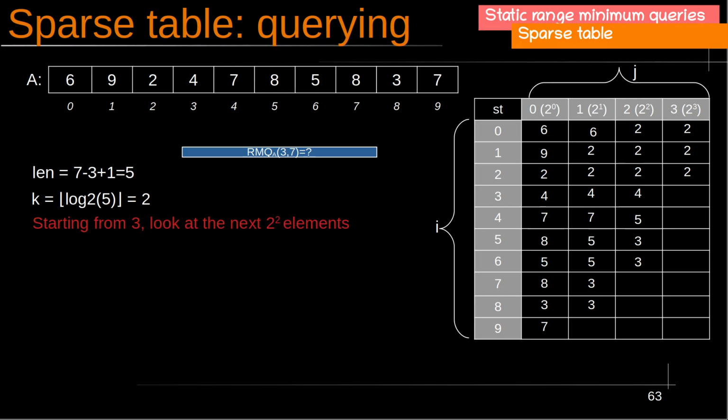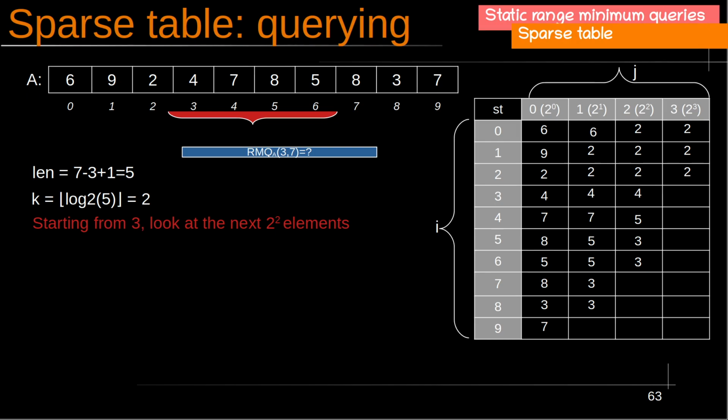So starting from 3, we're going to take 2 power 2 elements, which is 4. So from 3 to 6. What about the rest now? We're going to look for another range of 2 power 2 elements that ends at 7.